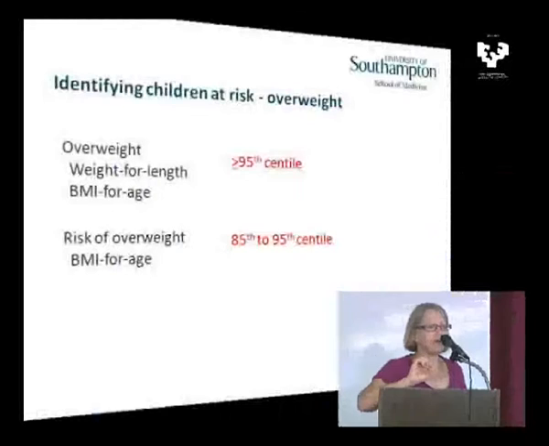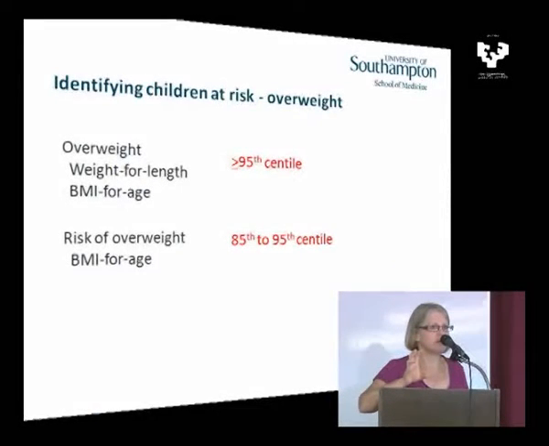Right, how do we identify children at risk? We don't talk about obese children. We talk about overweight children and risk of overweight, okay? Because there is no clinical definition of obesity in children like there is in adults.